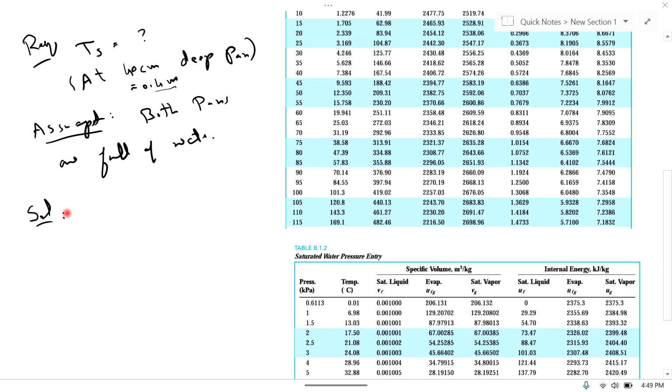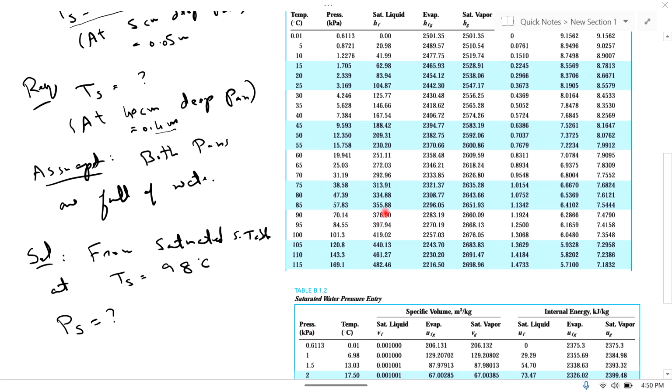at 98 degrees centigrade, from the saturated steam table. At a temperature of 98 degrees centigrade, find the saturation pressure.